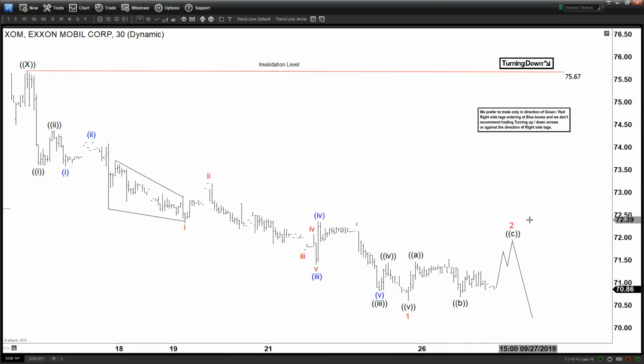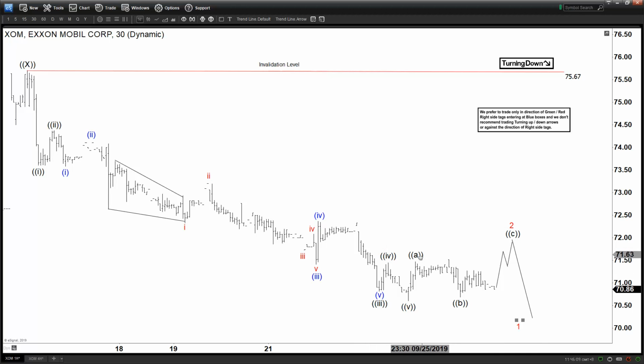All right, now we can still make a new low from here and still be part of the wave 1. I can adjust the count a little bit to show that we are still within the wave 1, for example. I think that shouldn't be too difficult, so that's why we do not want to buy it since it has a 5 waves down. If we do make a new low from here, then again we can adjust the count a little bit and call it still within the wave 1.